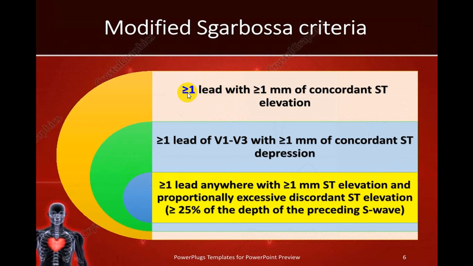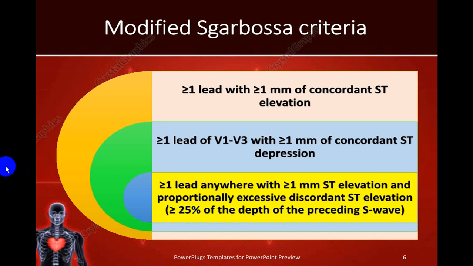That is, more than 1 millimeter of concordant ST segment elevation in lead 1, or 1 millimeter of concordant ST depression in any one of leads V1, V2, V3, or 1 millimeter of ST elevation anywhere with proportionately excessive discordant ST segment elevation, which has to be more than or equal to 25% of the depth of the preceding S wave.